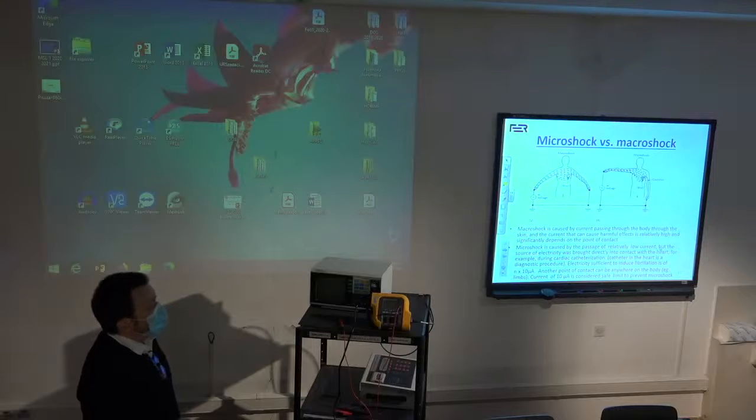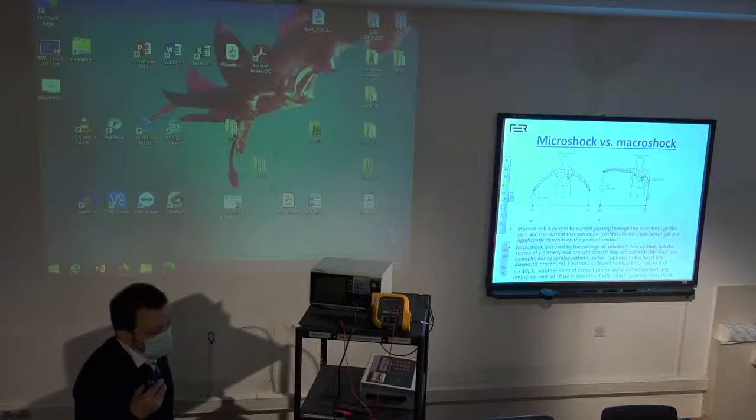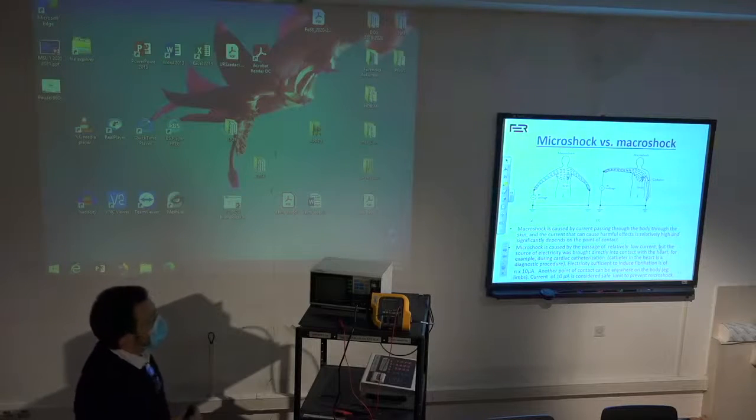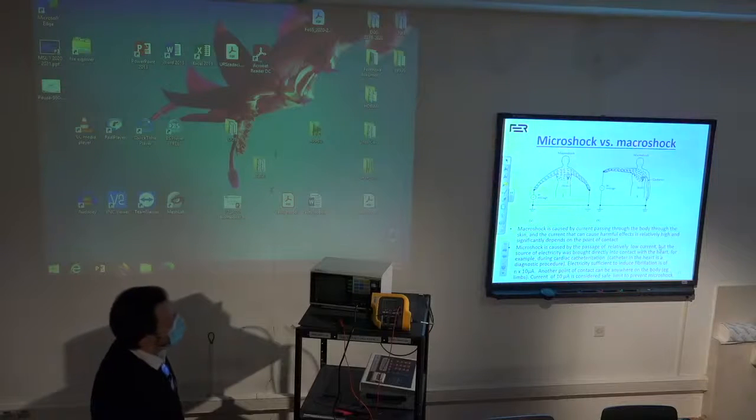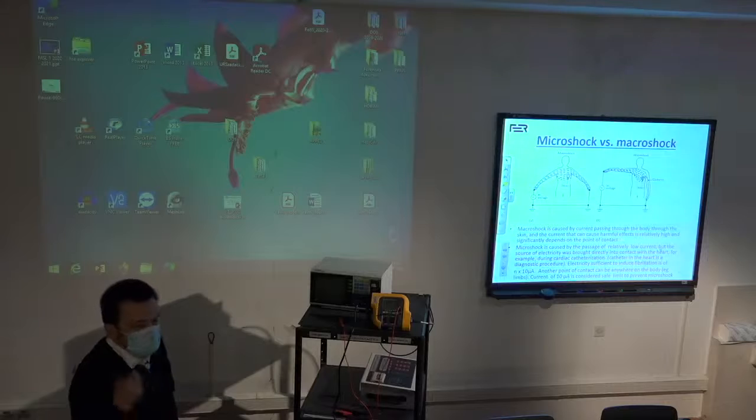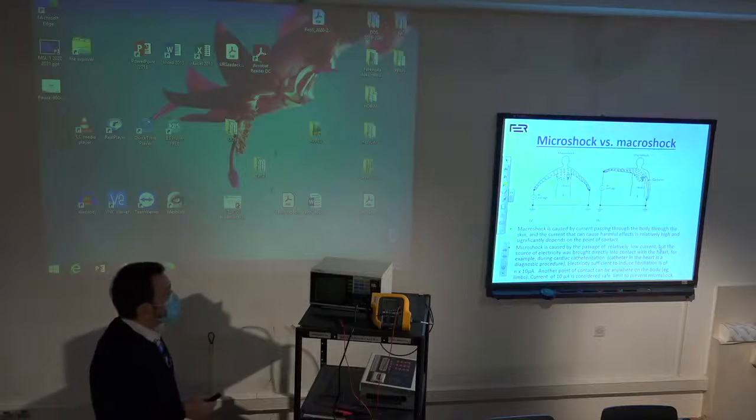And in these developments, what is usually considered is the term micro shock or macro shock. In English it sounds very, very similar.